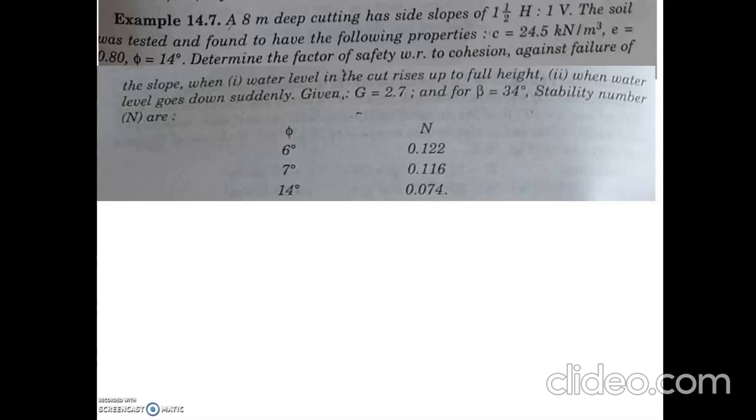First one is when the water level in the cut rises up to full height, and second condition is when water level goes down suddenly. Given the value of G is 2.7, beta is 34 degree, and stability number here is given directly. That is, the value of N is shown over here for the corresponding value of phi.